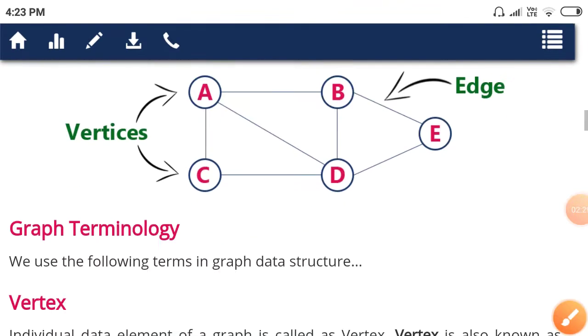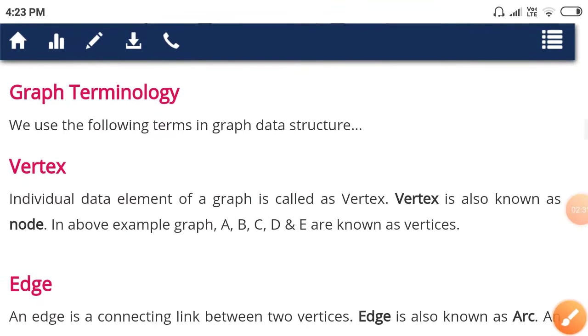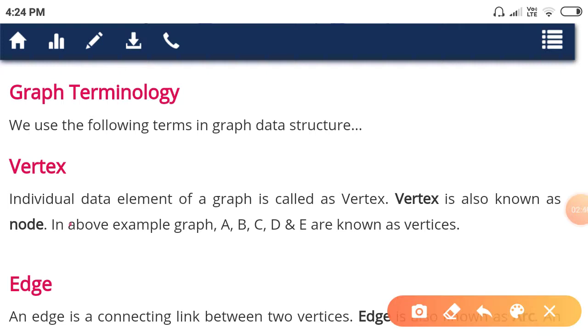Next, the terminology, which we have to use in a graph. Whenever you are designing the graph data structure, which terminology do we have to use? First one is a vertex. So what is a vertex? An individual data element of a graph is called a vertex.